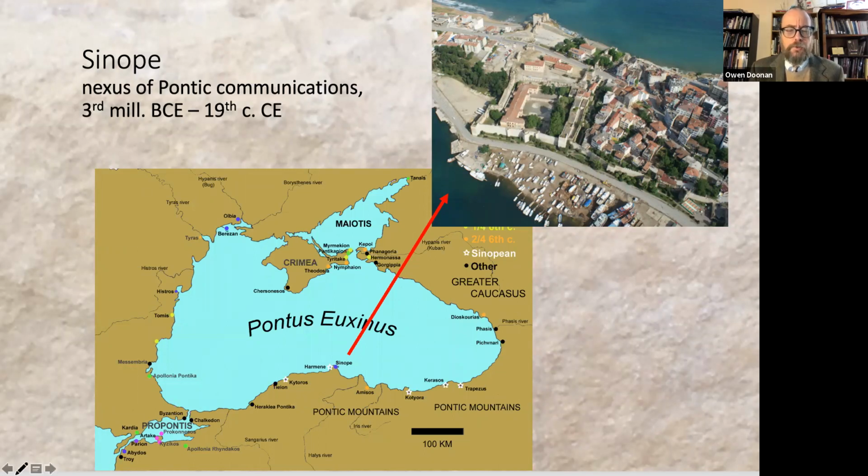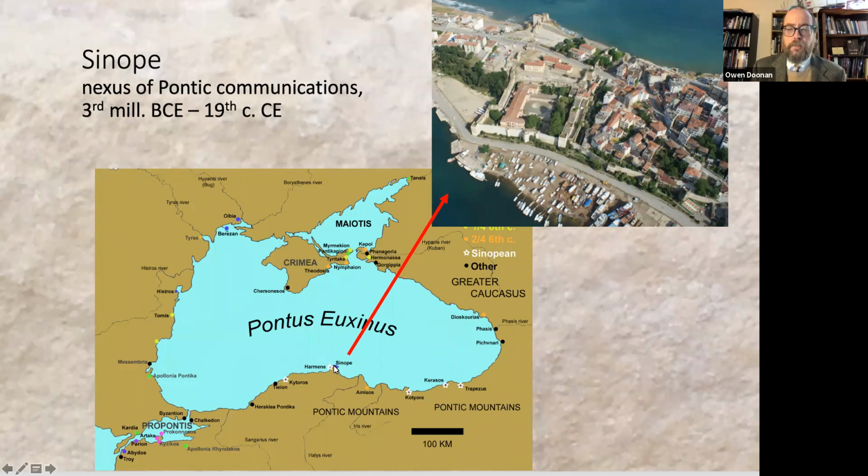Now to zoom in a little bit on the Black Sea itself, and Sinope, you can see, is at the midpoint of the south coast of the Black Sea, the Anatolian coast of the Black Sea. It is the best deep harbor port anywhere on the south coast, and one of the best in the entirety of the Black Sea.